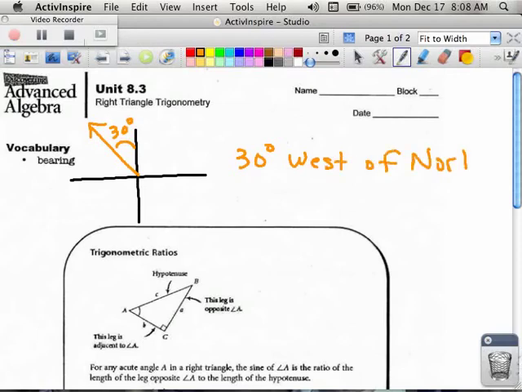Might be one way they might say it. And if you knew anything about the unit circle, which you'll talk about in pre-calculus, what you'll know is that another way to talk about it, because we talk about degrees and counterclockwise angles, is they may say something like 120 degrees. But in our class, probably the orange is the way things would be said. 30 degrees west of north.